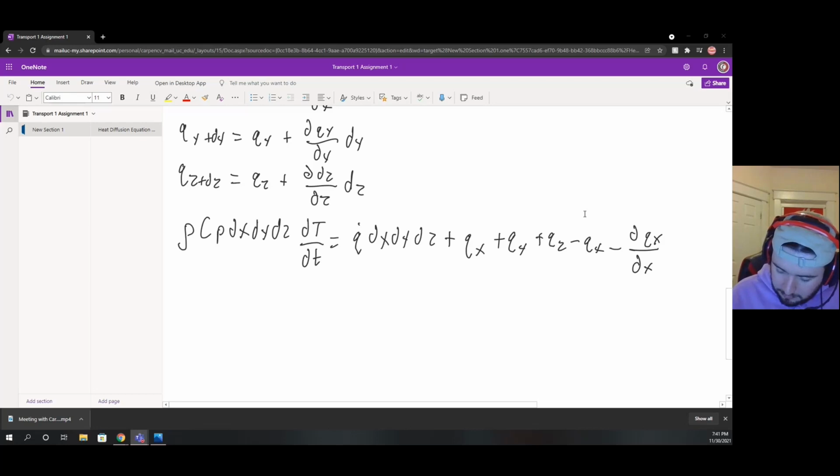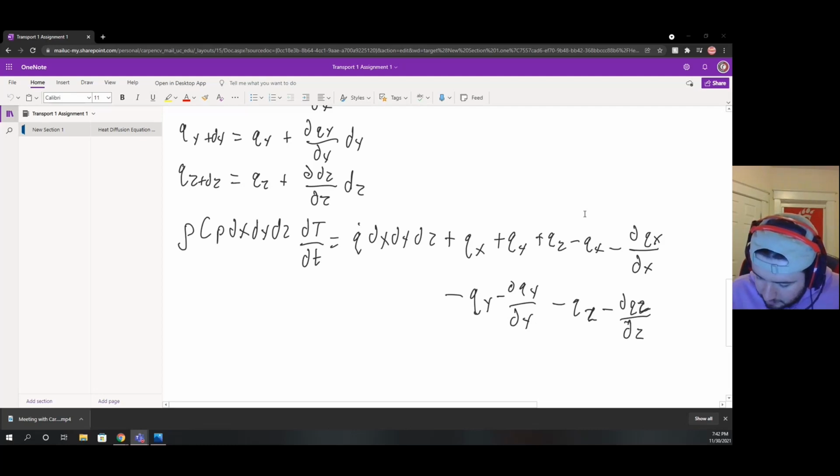And then minus heat flow of y minus the partial differential of heat flow of y over partial differential y, minus heat flow of z minus the partial differential of the heat flow of z over partial differential of z.